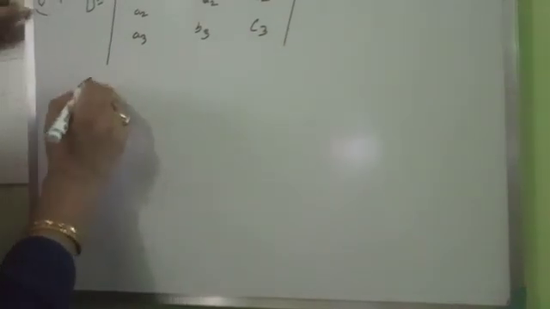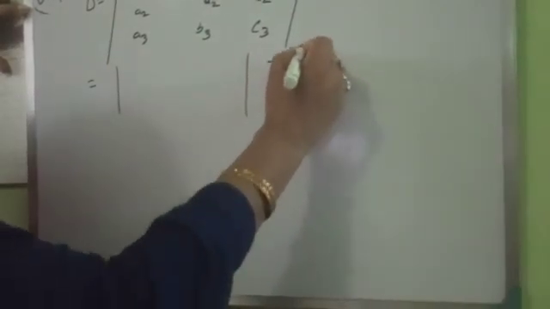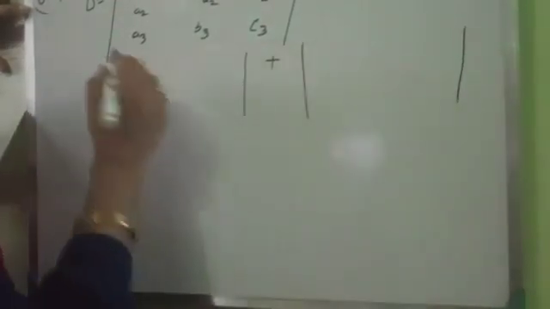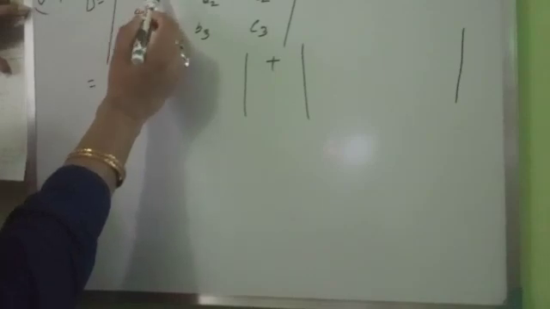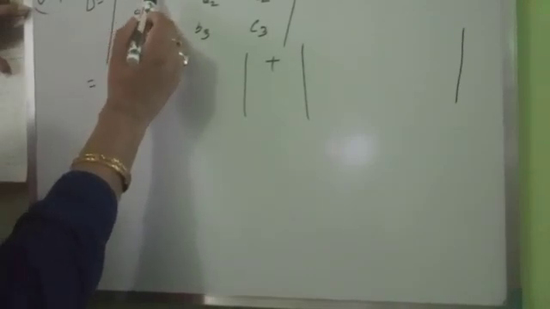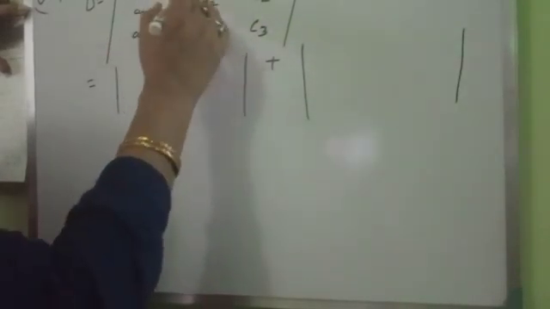Got it? Now this D can be separated into two determinants. Only the first row is written as A1 plus L1, then B1 plus M1, then C1 plus N1.